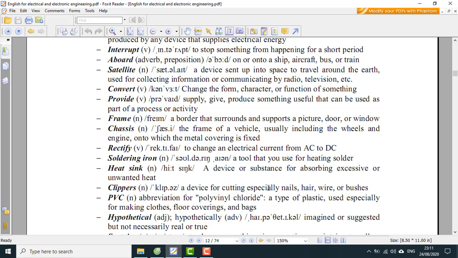Clippers mean a device for cutting, especially nails, hair, wire, or brushes. PVC, polyvinyl chloride. Polyvinyl chloride means a type of plastic used especially for making clothes, floor covering, and beds.